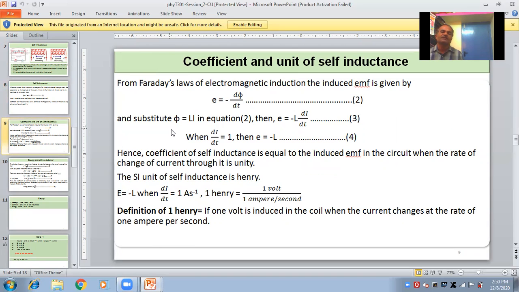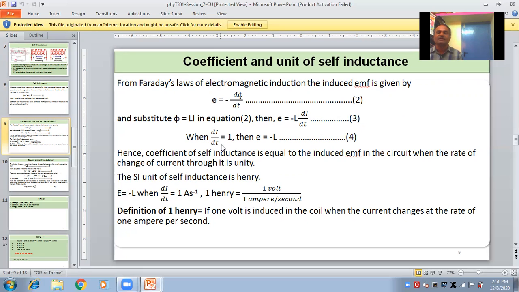Substitute phi equals Li in equation 2. Then it becomes E equals minus L into di by dt. L is a constant, so it is taken outside the differential operator d by dt.